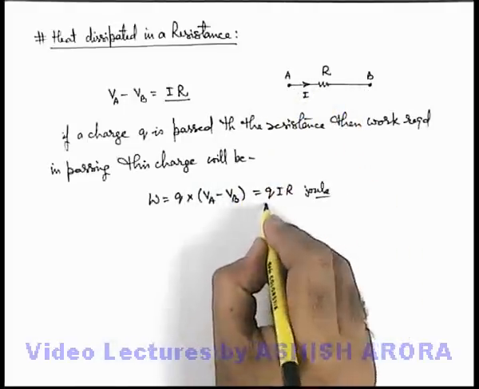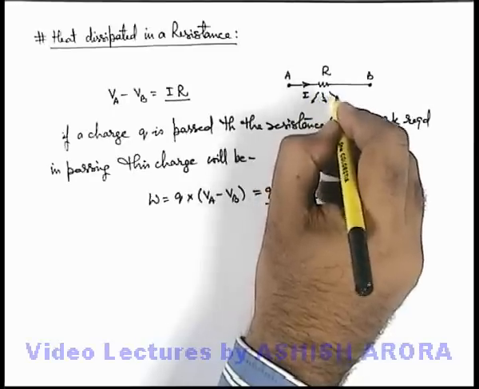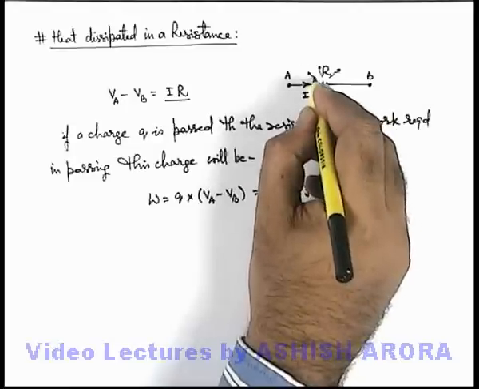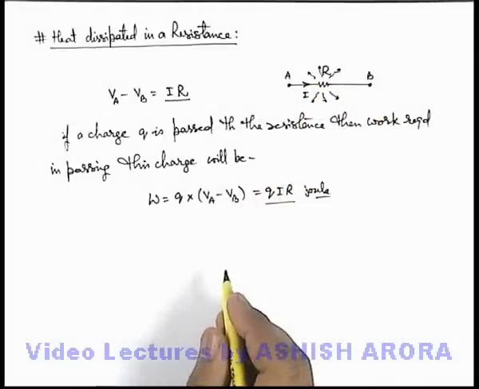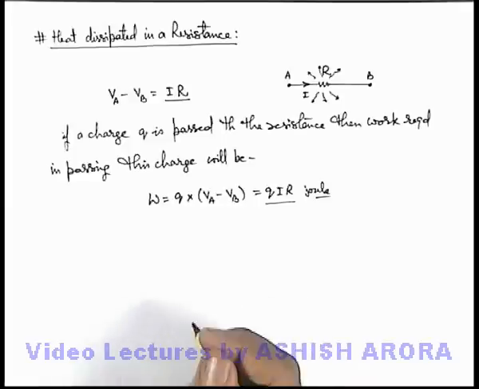And this amount of work will be dissipated in form of heat from the resistance, because when the charge is passed, it will undergo several collisions in the material of the resistance, and that is dissipated as heat according to Joule heating effect.